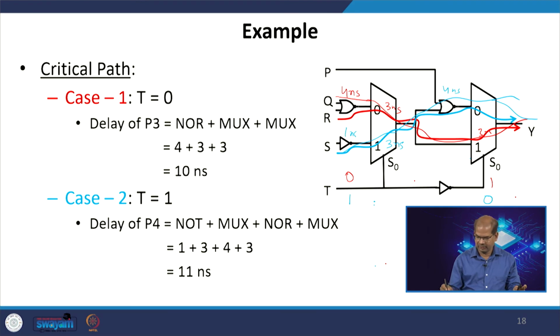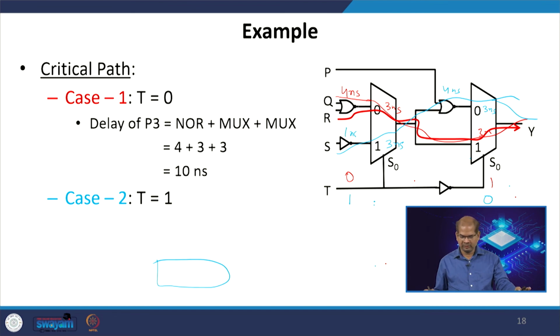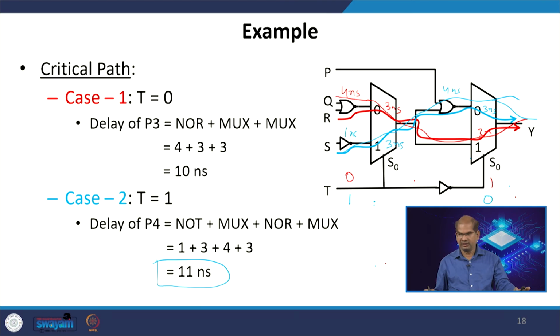Then this multiplexer is also 3 nanosecond. So, 6 plus 4 plus 1 is 11 nanosecond. So, out of these two, 11 is your critical path. 11 is the actual critical path in the design.